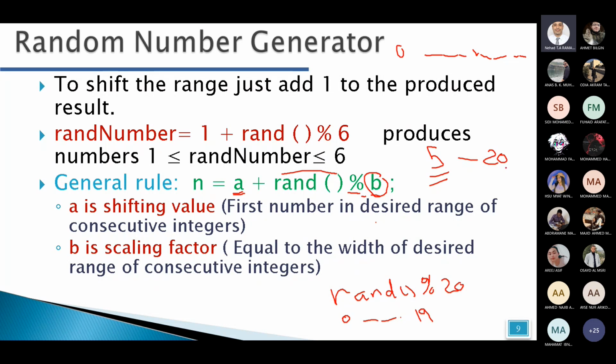If I need it from 5 to 20, I want to make this 0, 5, so I will add 5. 5 plus random will give me from 5 to 24, actually. So to make it correct, I will also minus 5. Okay, minus 5.